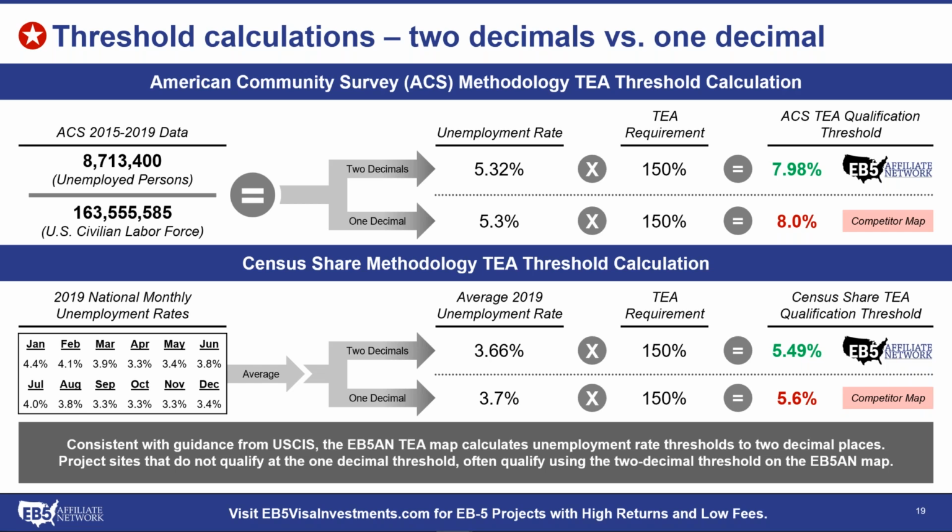So if your site had an unemployment rate of 5.51 or 5.55, it would work on our map and you would get a yes, but on another map you would get a no, because the threshold was 5.6 and was rounded to just 1 decimal point.